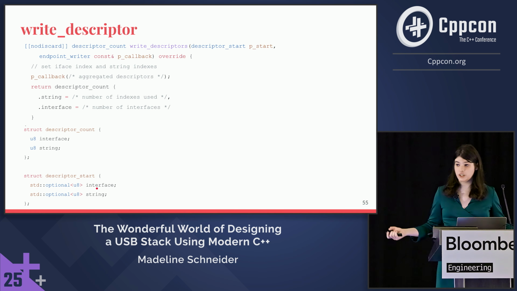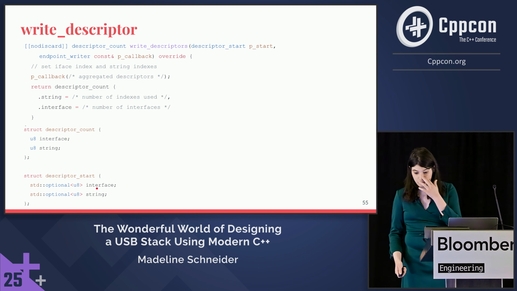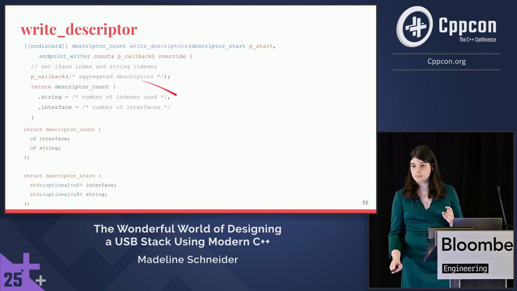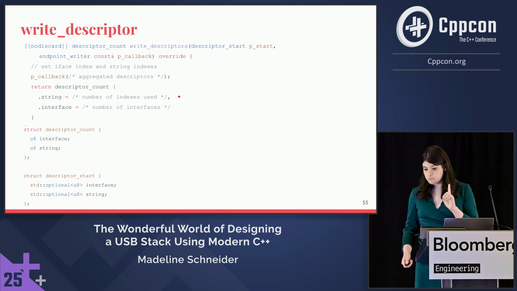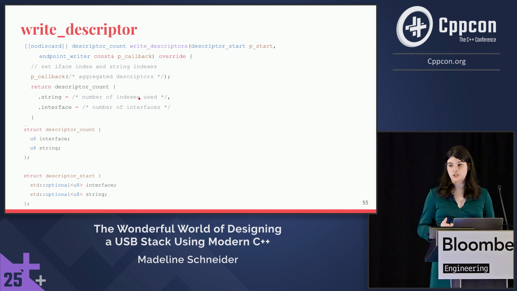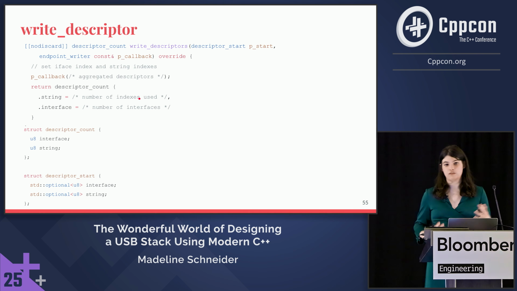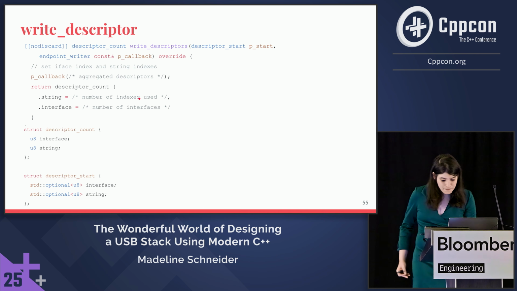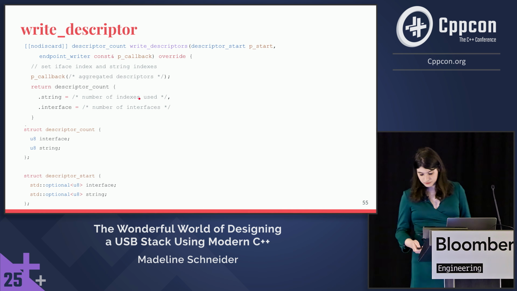If there's 4 interfaces, it will return 4 for interface. Things like that. However, the reason they're optional is because this function, write descriptor, could be called multiple times. We'll get into what that looks like in a sec. But on subsequent calls of this function, you may not want to update those indexes because you may already have a system in place and it gets confusing to fix things or whatever. So that's why they're optional.